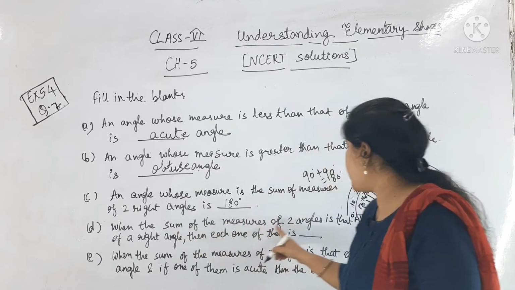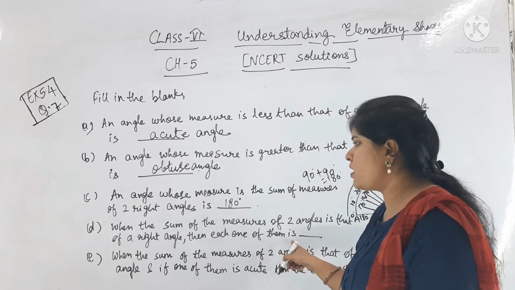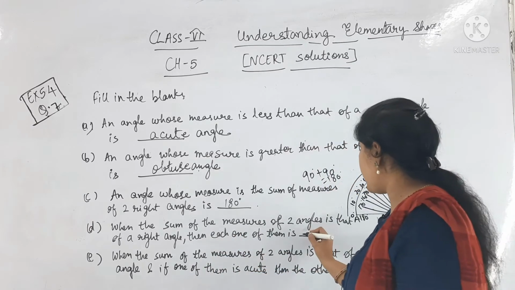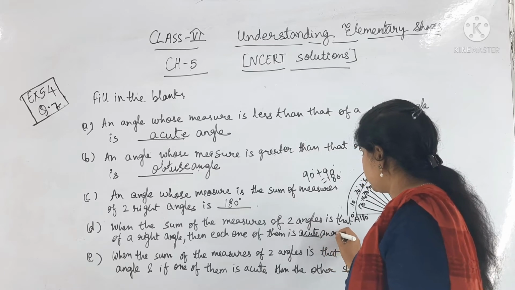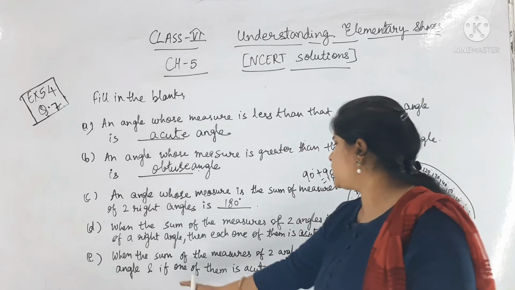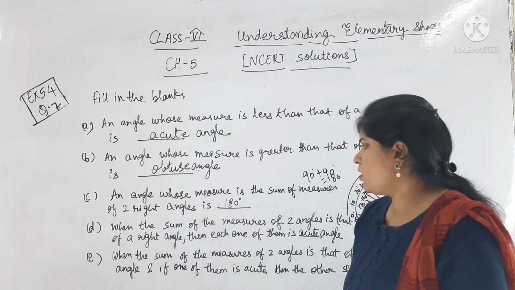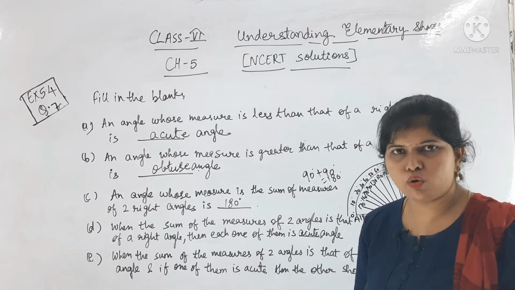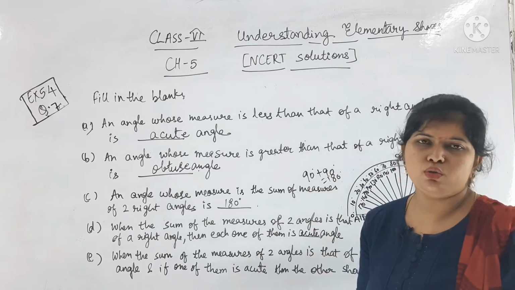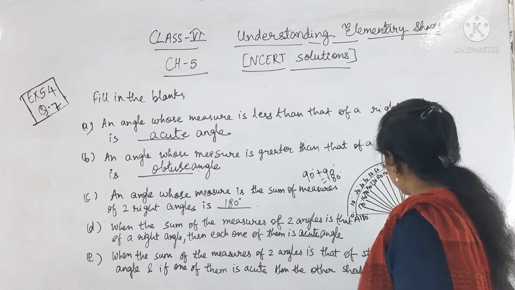When the sum of the measures of two angles is that of a right angle, then each one of them is an acute angle. When the sum of the measures of two angles is that of a straight angle, that is 180 degree, if one is acute, the other should be obtuse, then only it will be 180 degree. So obtuse angle.